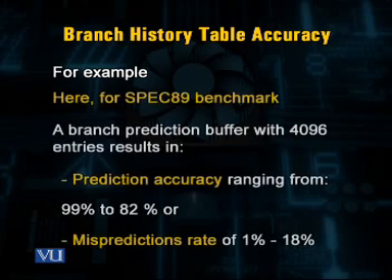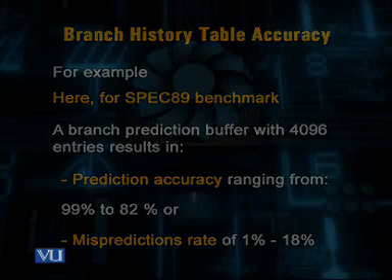Here we consider the SPEC 89 benchmark, where a branch prediction buffer with 4096 entries, that is 4K entries, results in prediction accuracy ranging from 99% to 82%, or a misprediction rate of 1% to 18%.